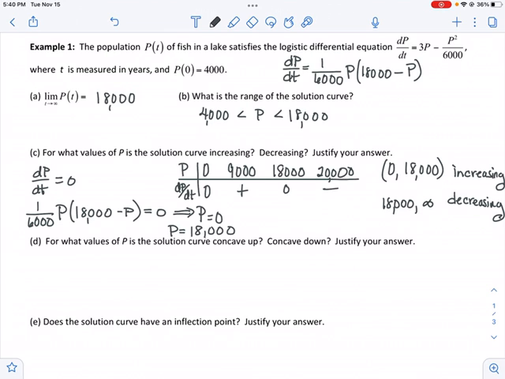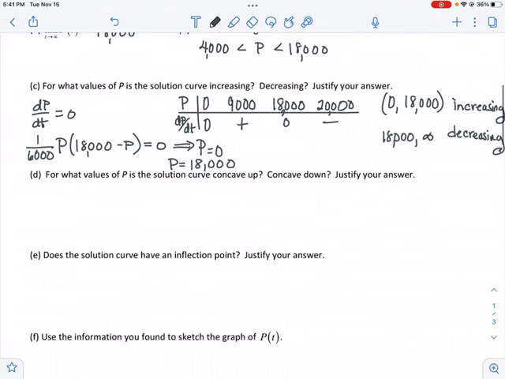But as I said, in the critical numbers here, from 0 to 18,000, the function will be increasing. Interesting about the endpoints here, just hang on to that for just a second.